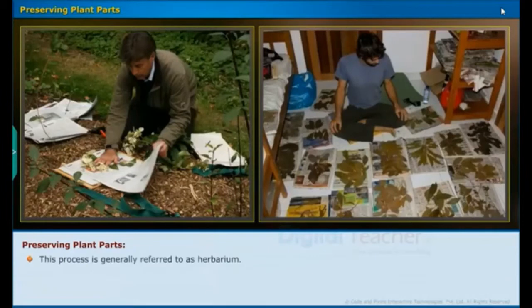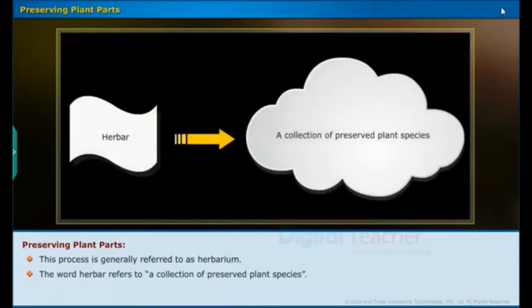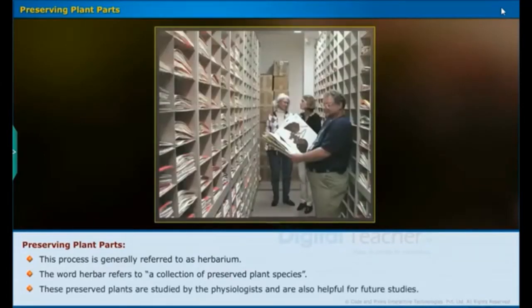This process is generally referred to as herbarium. The word herbar refers to a collection of preserved plant species. These preserved plants are studied by the physiologists and are also helpful for future studies.